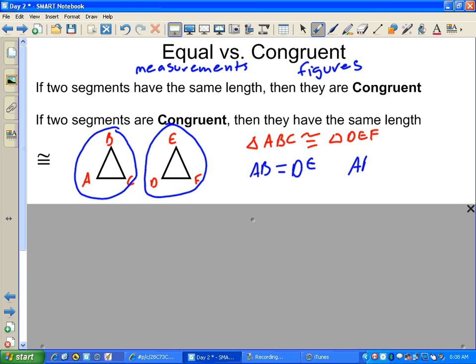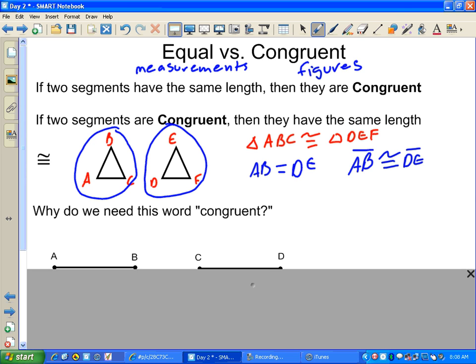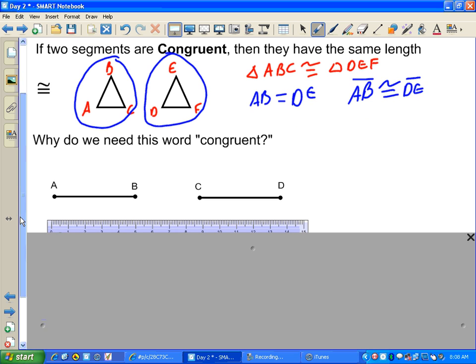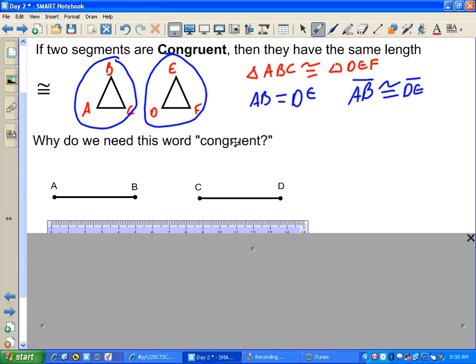But if I wanted to talk about the segments, I would need to say that the segments are congruent. So that's the big difference between equal and congruent. Okay, so that's why we need this word congruent. We need it because we can't say equal, because equal implies they're exactly the same, so they'd have to be in the same space. When they're not, then we use the word congruent.